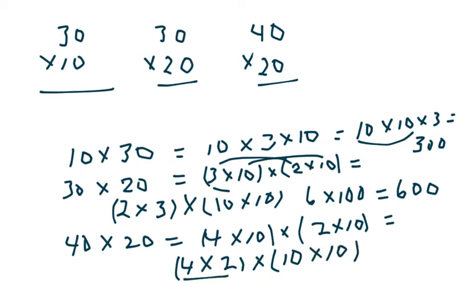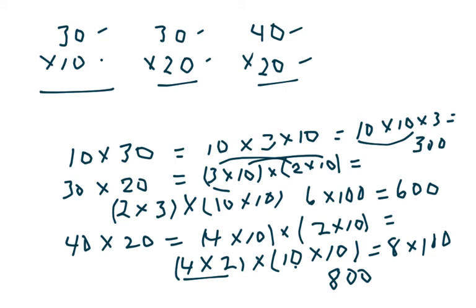And 4 times 2 is 8 times 10 times 10, 100. 8 times 100, 800. So there it is. There's a way of multiplying these units, multiples of 10. That's what we're doing. We're working with multiples of 10, 30 times 10, 30 times 20, 40 times 20. Those are all multiples of 10.